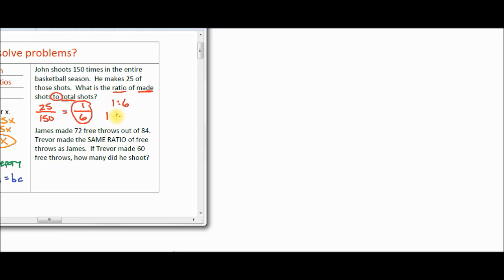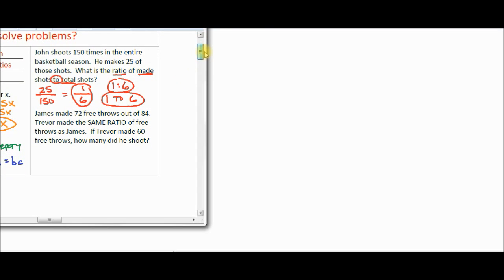Or you could just write it as 1 to 6. Any one of these answers would be acceptable, so I'll circle all of them: 1 to 6, 1 over 6, or 1 and use a colon to represent the word to. So that's how we can use ratios in a word problem. Let's take a look at the next one.